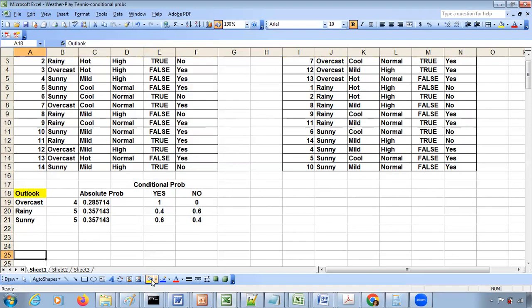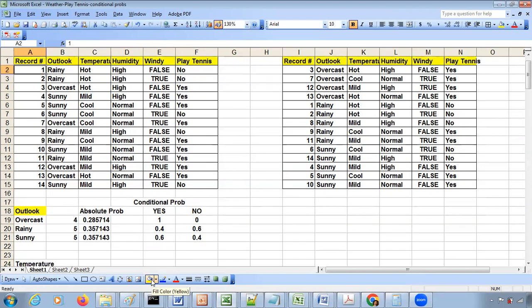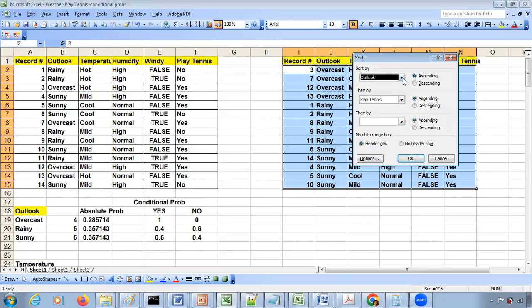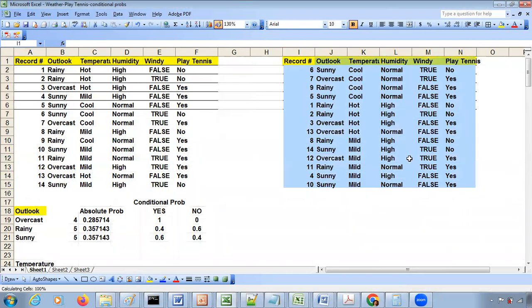So now let's do for temperature. Temperature feature values are, you can sort based on temperature and make sure you capture all the feature values. And then sort by play tennis.